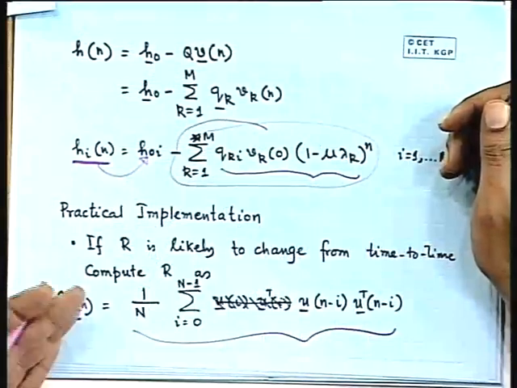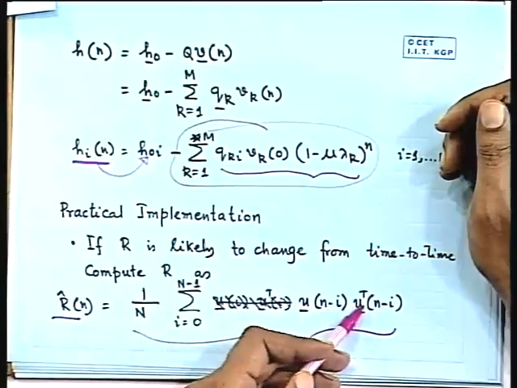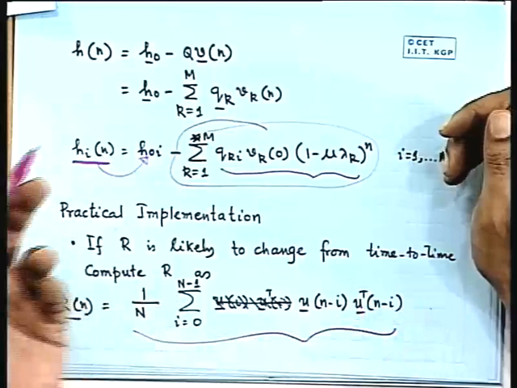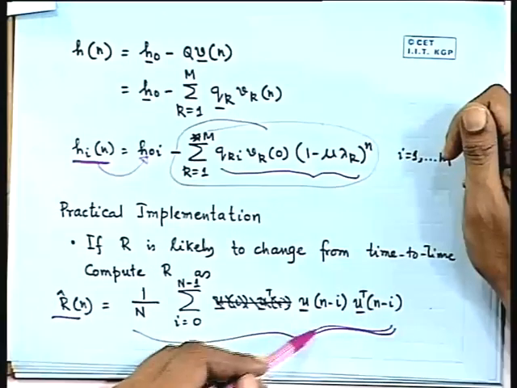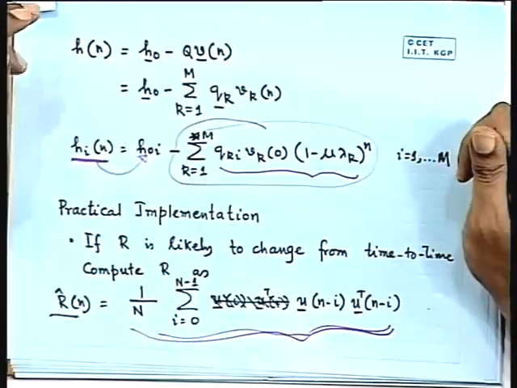That will give you R, and similarly you can do U n times Y n to get D. So this is a very computation intensive thing if you want to do it every time.